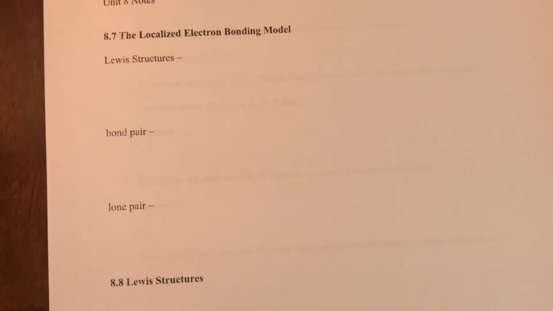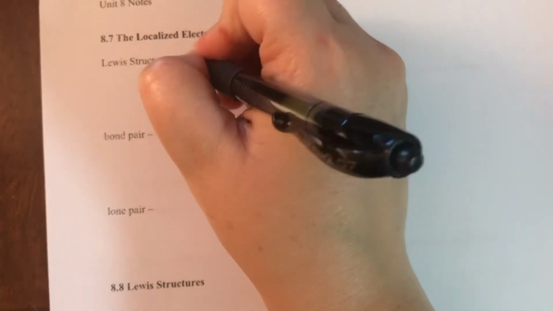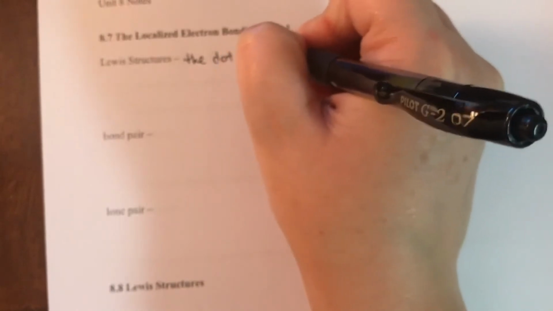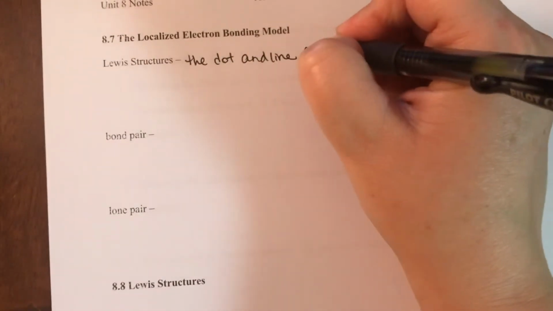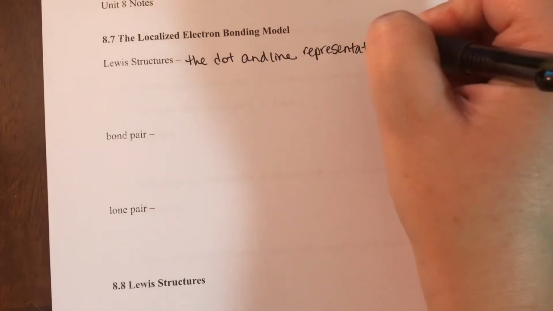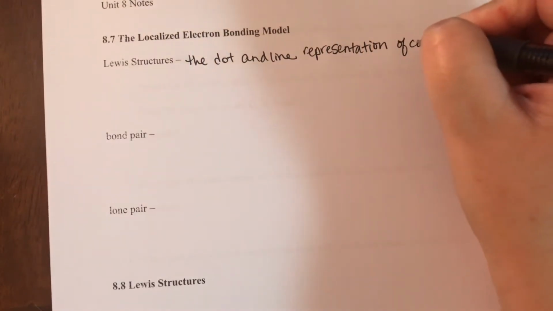We did a lot with ionic compounds in the fall, but we put off covalent compounds and we're doing them now. So it is the dot and line representation of covalent compounds.